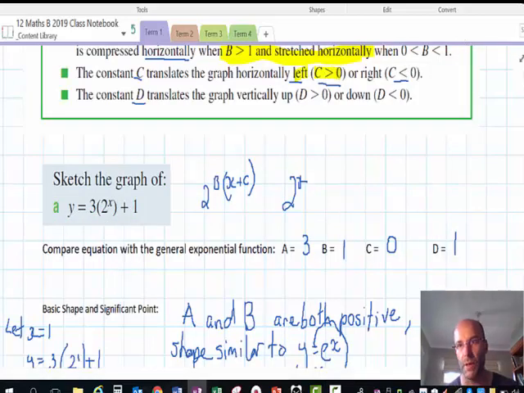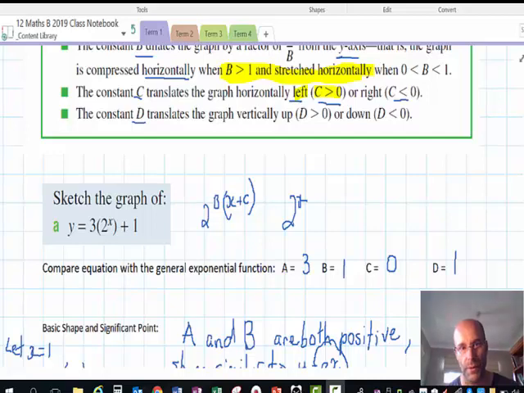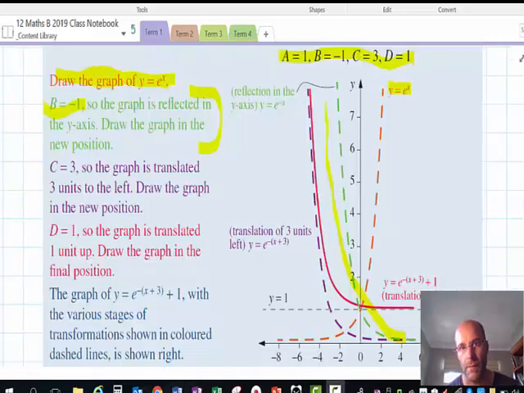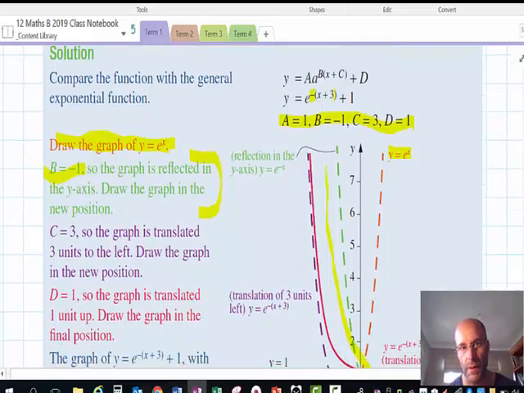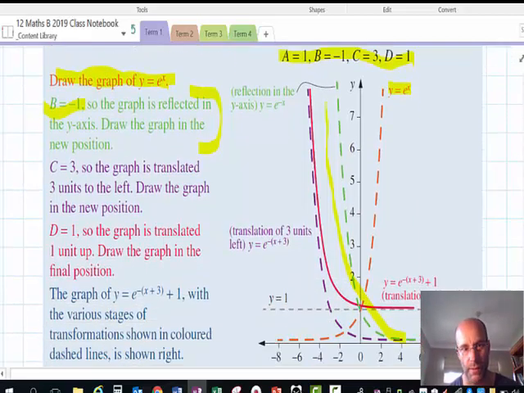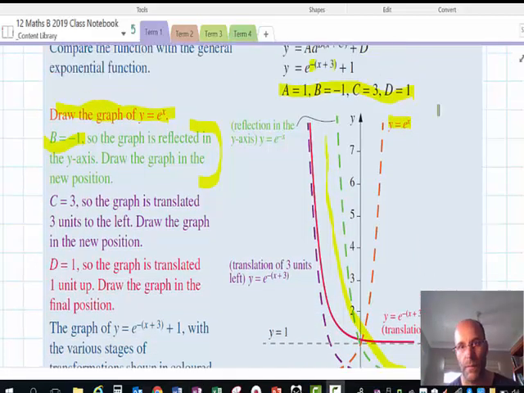Now be careful because it said positive values of c go to the left, and that's what our earlier notes said, and that's regardless of whether we have a negative out the front. That's 3 units to the left, that positive 3.